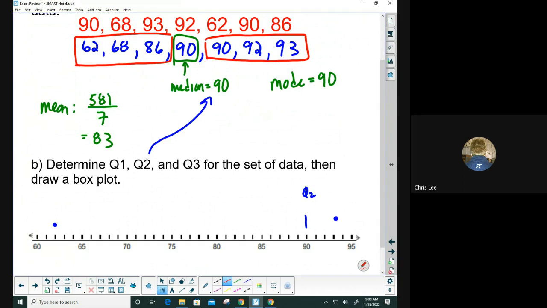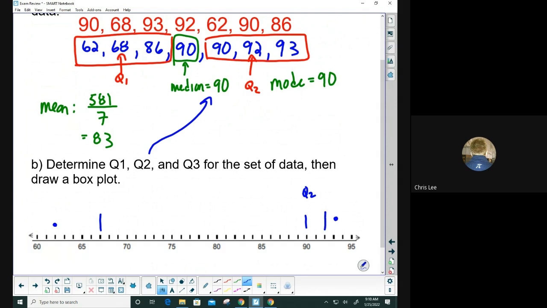Thank you. It's right in the middle. And what's right in the middle of the second half? Two. And those are going to be the edges of your box then. So I'm going to draw one at 68 and one at 92.